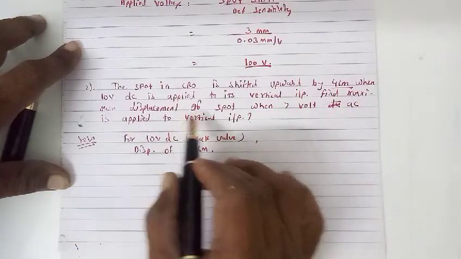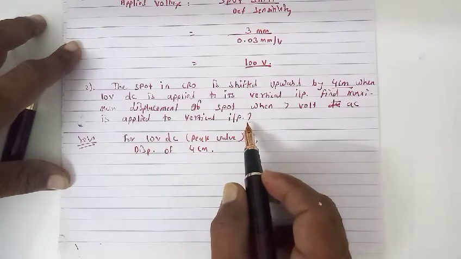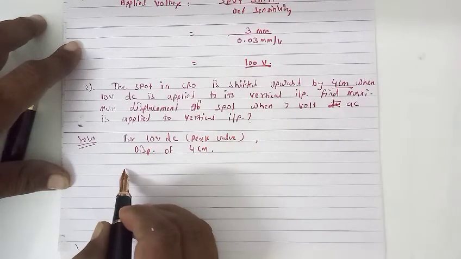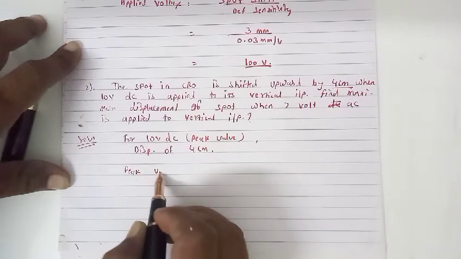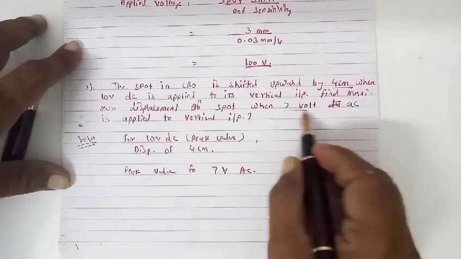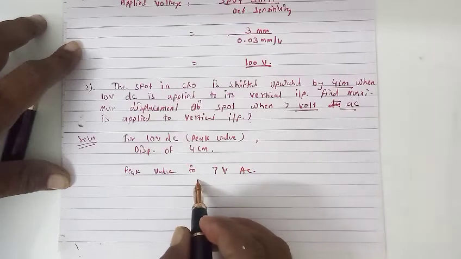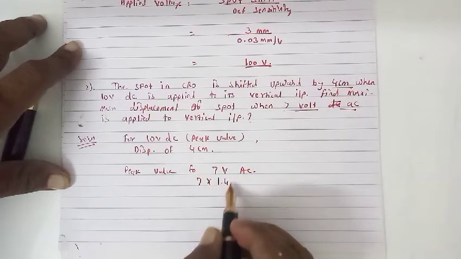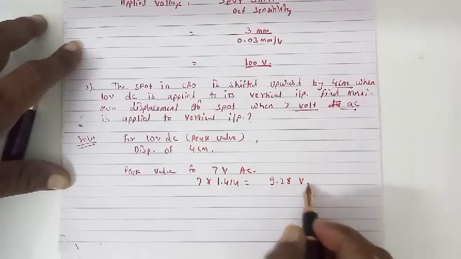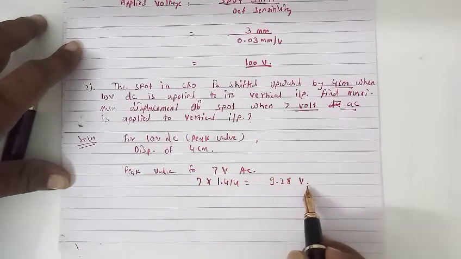Find the maximum displacement of the spot when a 7 volt AC is applied to the vertical input. The peak value for 7 volt AC is 7 into 1.414, which gives 9.28 volt. Okay, so the peak value for the 7 volt AC is 9.28 volt.